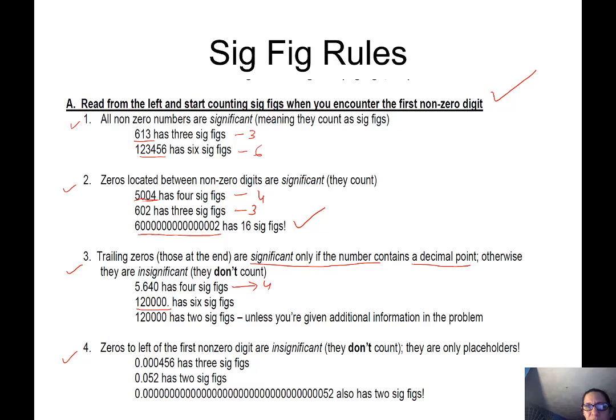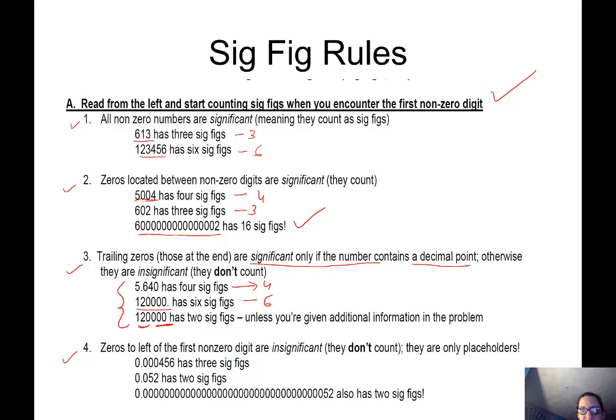There is a 0, there's a decimal after the 0, so all of them are significant, so we have 6. But here there is no decimal given, that's why we have 2 sig figs only in this case. Be very, very careful about these rules.